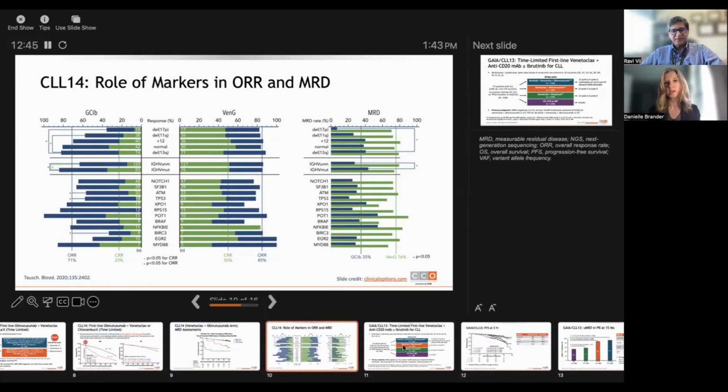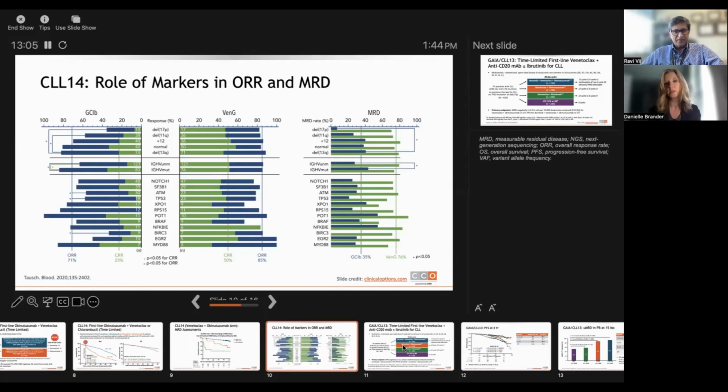certain underlying biomarkers, namely historically TP53 aberrations, meaning either a deletion on 17p or a TP53 mutation. Historically, those patients with chemotherapy had a much inferior survival. Fortunately, novel agents have improved that.